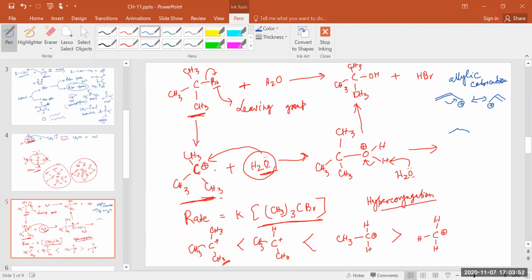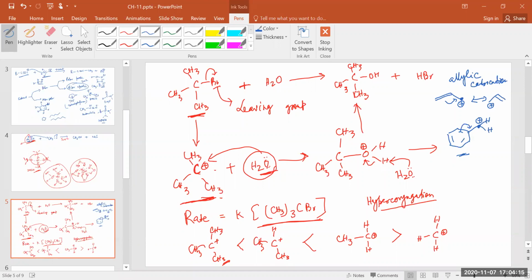And if it is at the benzylic carbon, this carbon, suppose, it will be stable with the benzene ring. So although this carbon is primary, they are stable. It is almost the same as the secondary carbocation.